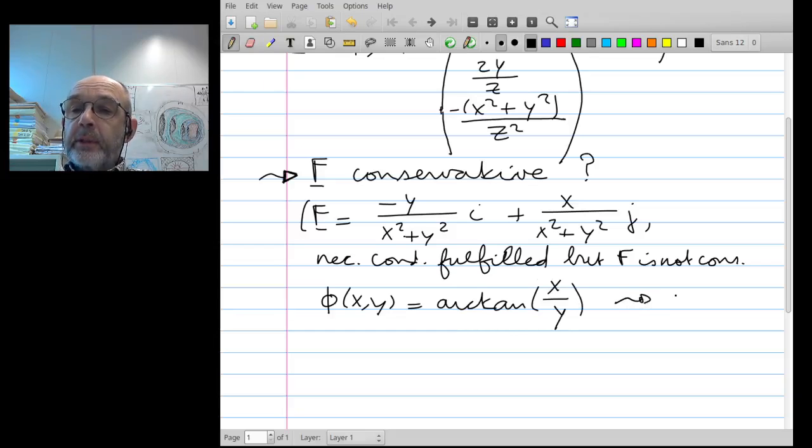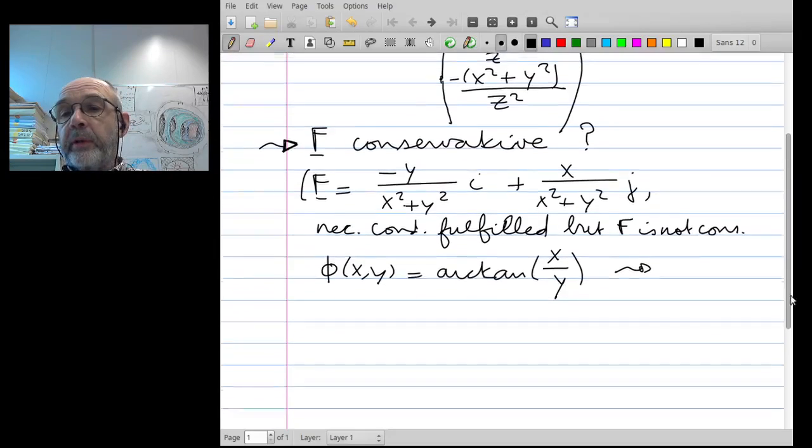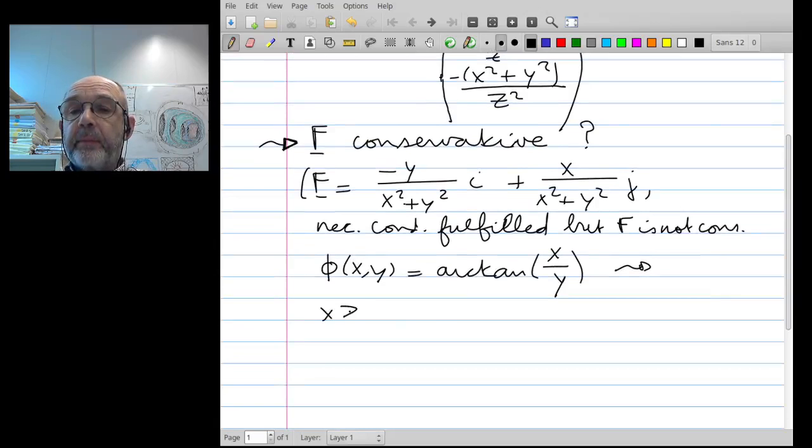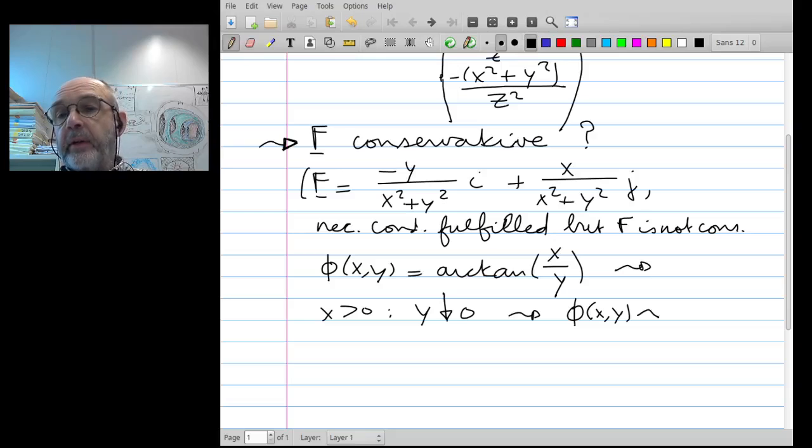And see that if your x is positive and your y goes from the upper part to 0, the value of the potential will go to the arctangent of infinity, and that will be pi divided by 2.